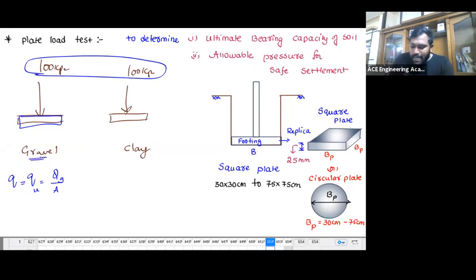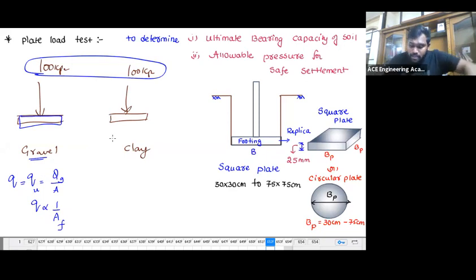So from here I can write Q is inversely proportional to area, or not. Gravel has more bearing capacity, which means the area of footing is less. Clay has lesser bearing capacity, which means it is going to be more area. Yes or no?